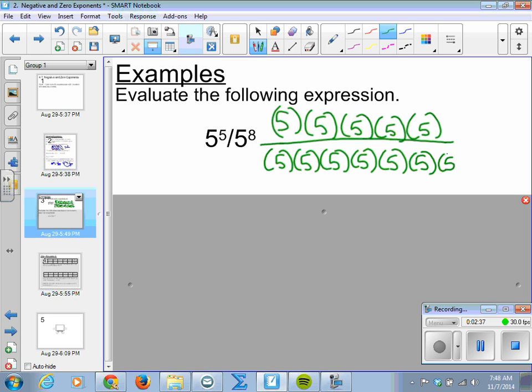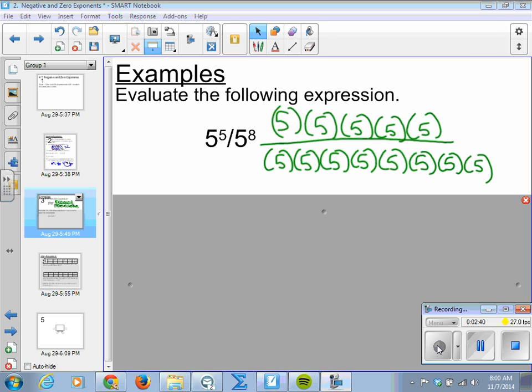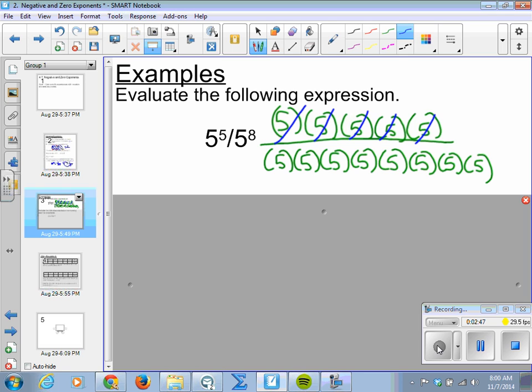Okay, so what we do now is cancel out what we have in common. We have 5 fives on top. We can cancel out the 5 fives on the bottom. That leaves us with 1 over 3 fives, which we can simplify down to 1 over 5 to the third power.